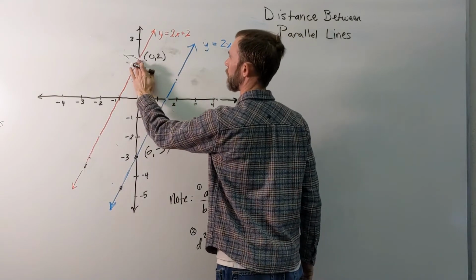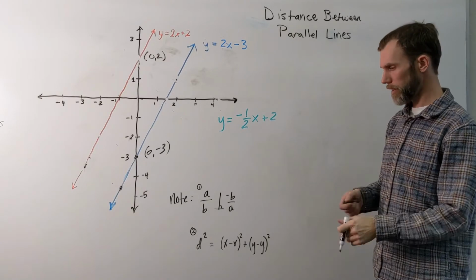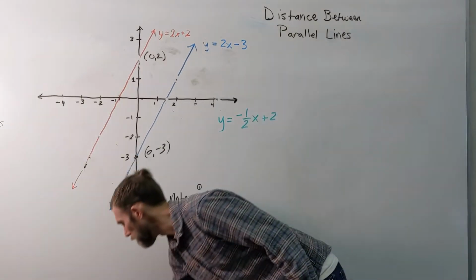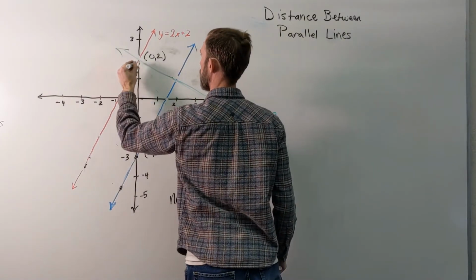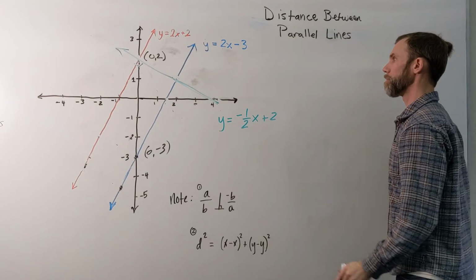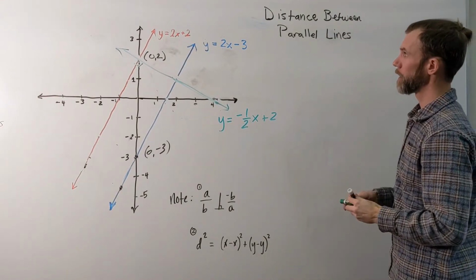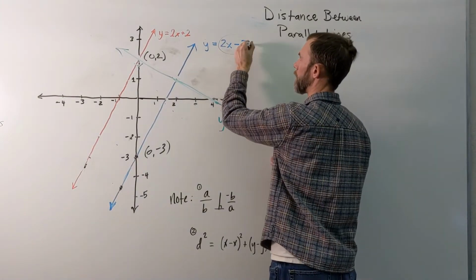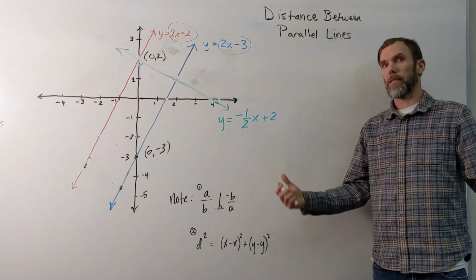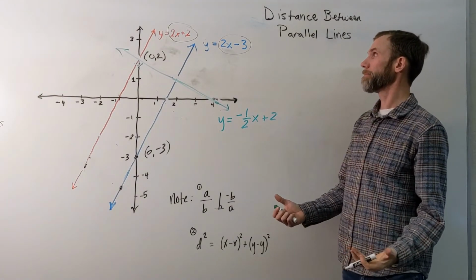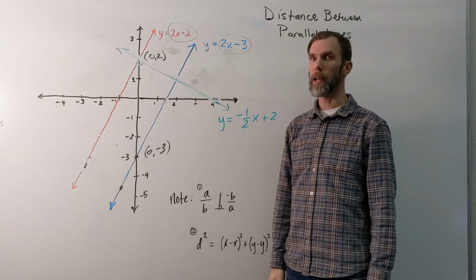Another error I see is once you have this drawing up, and you have maybe this line here that you've drawn in, people will set the wrong equations equal to each other. Like they'll set this right here equal to this right here. The problem with that is, if you set those two equal to each other, does the red line ever touch the blue line?